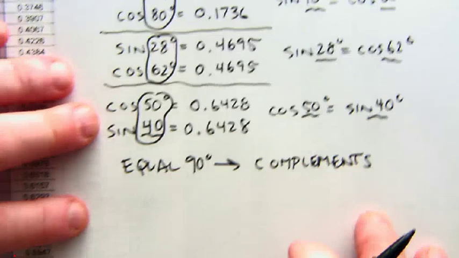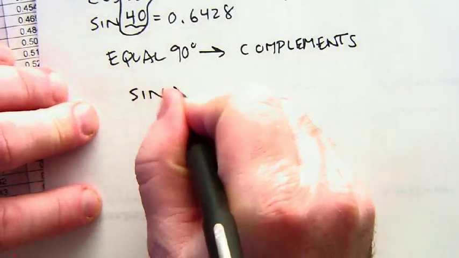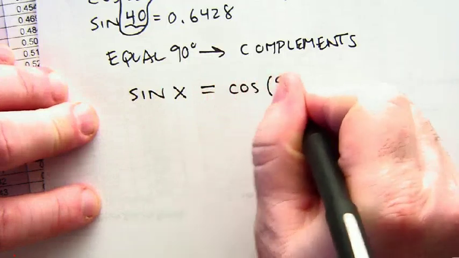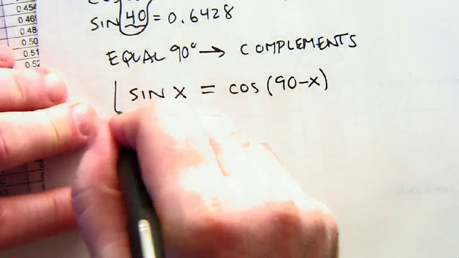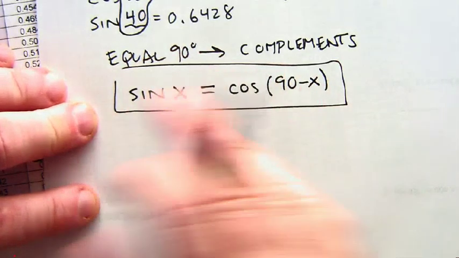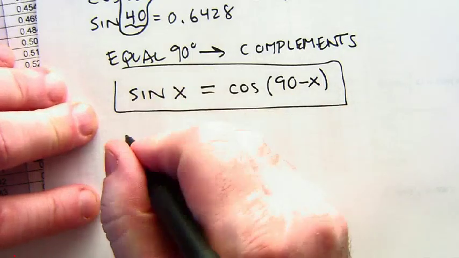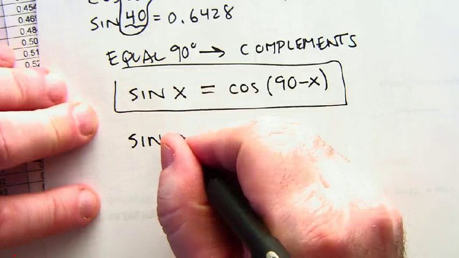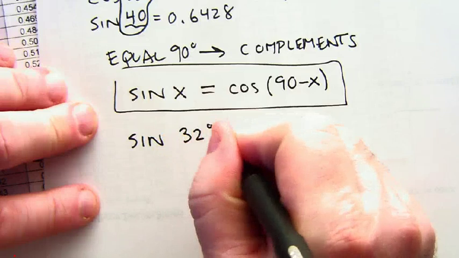So we've discovered kind of a cool little relationship, that the sine of some angle, let's call it x, will always equal the cosine of whatever's left over of the 90 minus that x. These are called cofunctions of each other. They will always be equal. They function off of each other as long as their sum comes to 90. So let's just test one out. Let's pick a number like, I don't know, 32.